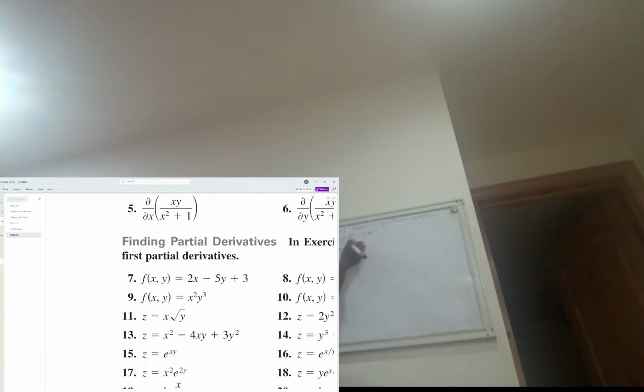What is it called? I don't even know. For some reason, I always call it d even when it isn't. Okay. dz/dx, dz/dy. So let's imagine if x is a constant, so it's just going to be 1/2 y to the negative 1/2. Okay, let's do number 13.